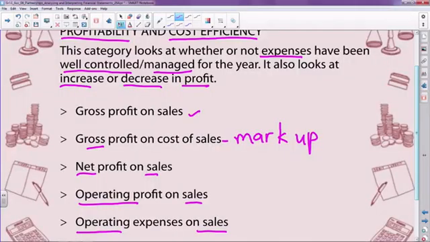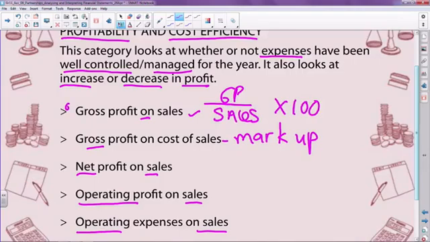So for example, gross profit on sales simply means I'm taking my gross profit, the word on, divide that by sales, and if I multiply this by 100, I get my percentage gross profit on sales.